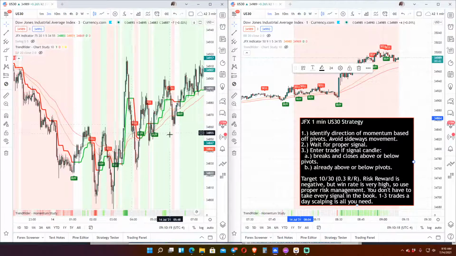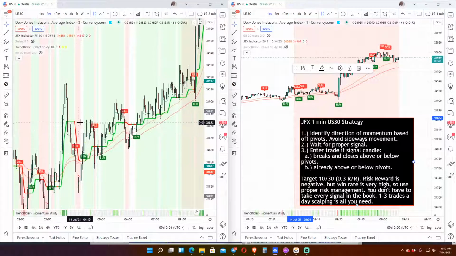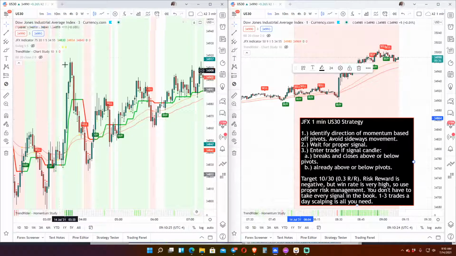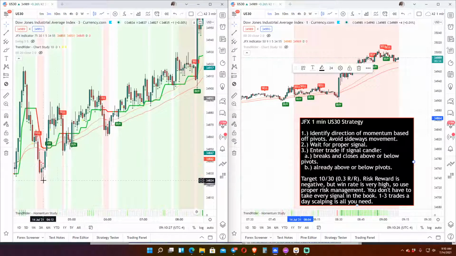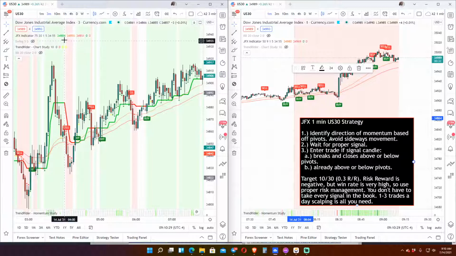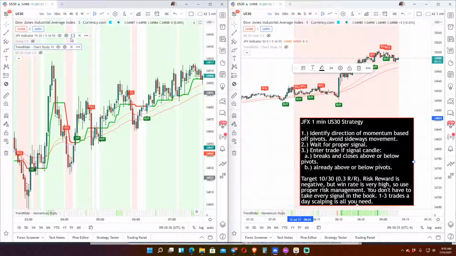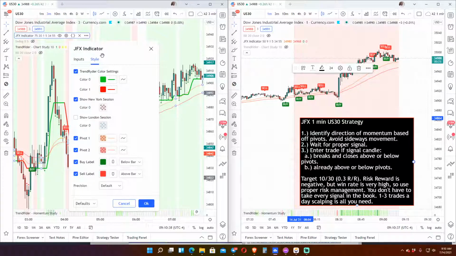And if you see the lines are green, you can see that prices continue to go up here. I don't really use it as much, but I coded it just in case somebody wants to use it to show them the current trend.